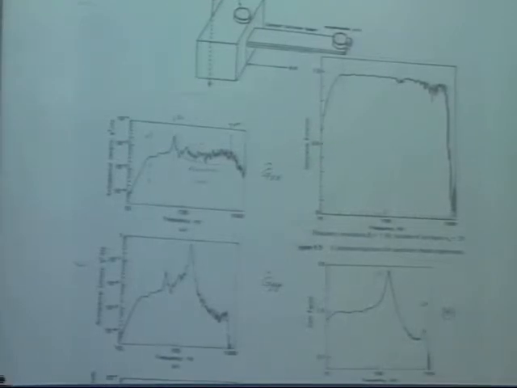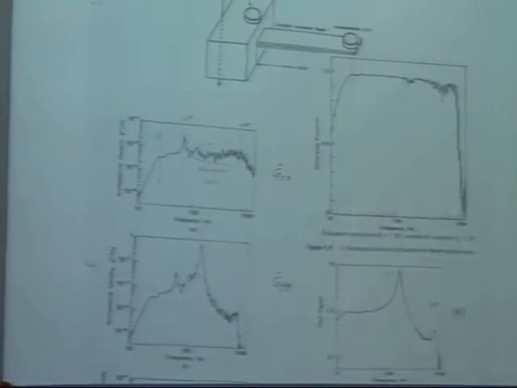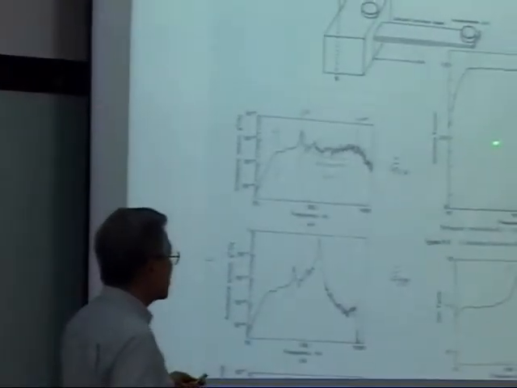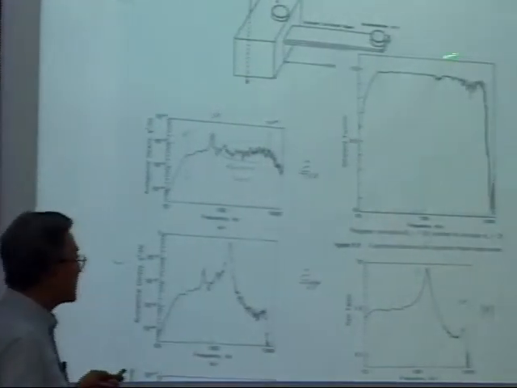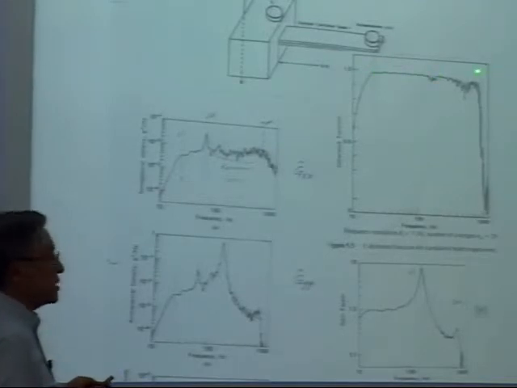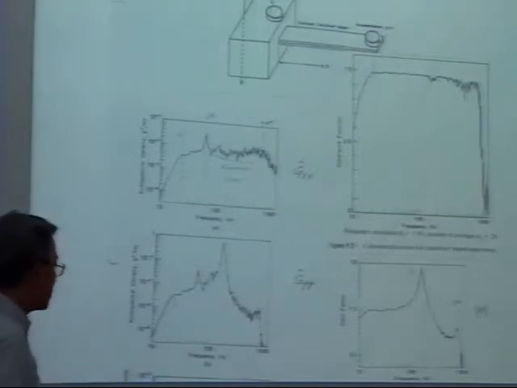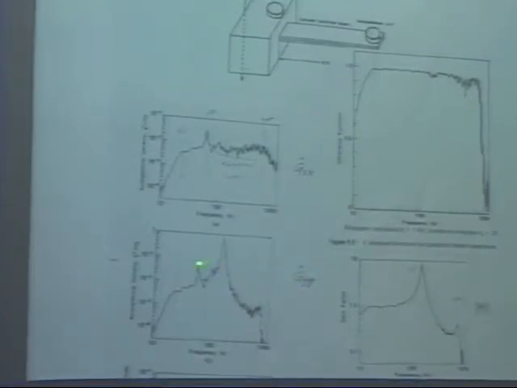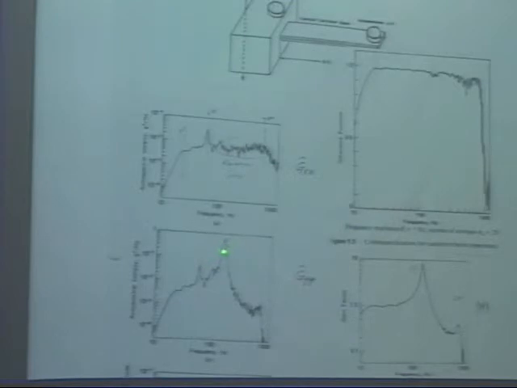This guy is a coherence function, gamma xy squared. It's almost all nicely close to 1, except the high frequency, where high frequency noise could come in. And here, this is GYY, the output. The output has a peak here and a peak here.